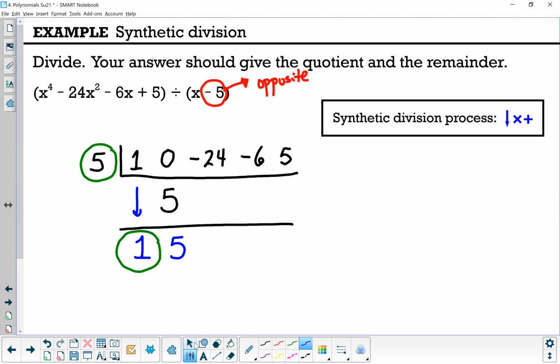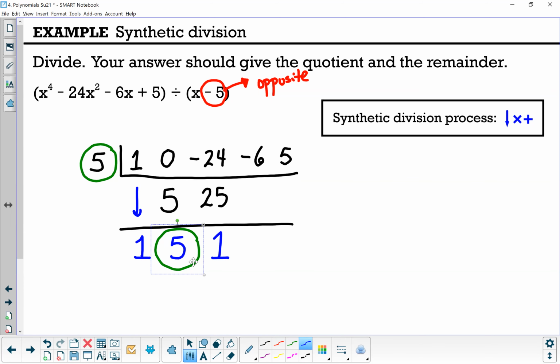Okay, now you're multiplying 5 times 5 and we get 25. Okay, once you multiply, then you add the negative 24 plus the 25 and you get positive 1.